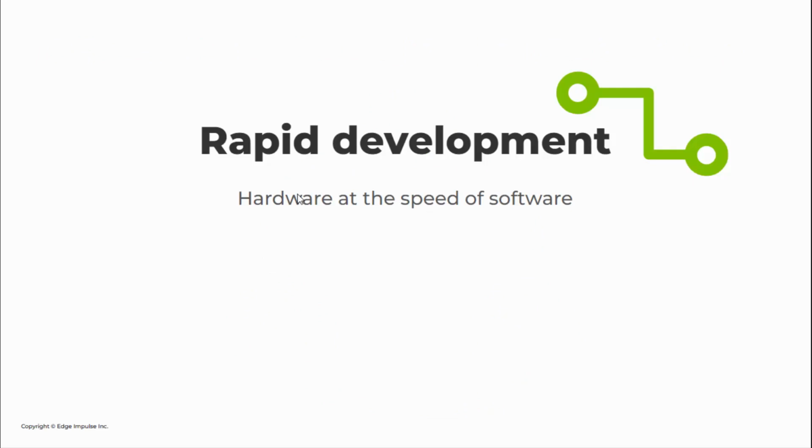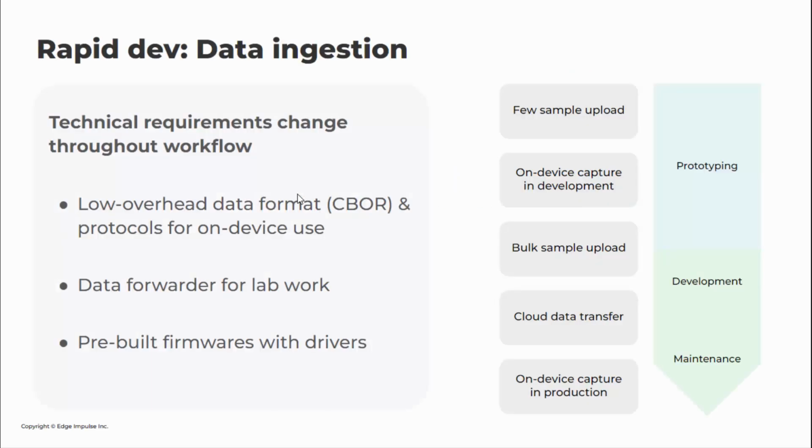But the last thing I wanted to talk about was rapid development. So this is around how do we do hardware at the speed we're accustomed to doing software at. And so this starts with data ingestion. Data ingestion is different throughout the flow. At the beginning, we want to capture a few samples from a device, train a basic prototype of a model, see if it works, and then we can invest more money in collecting large amounts of data, uploading bulk data, and then at the end of a project, we want to collect data from the field and feed it back into the system.